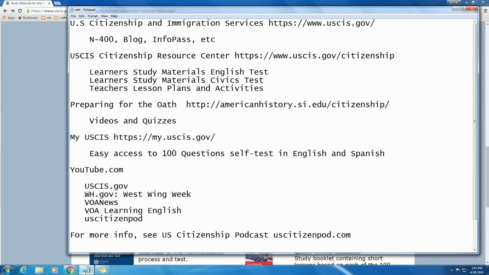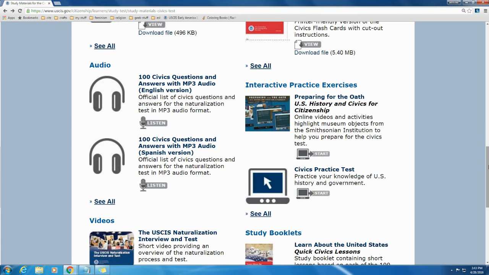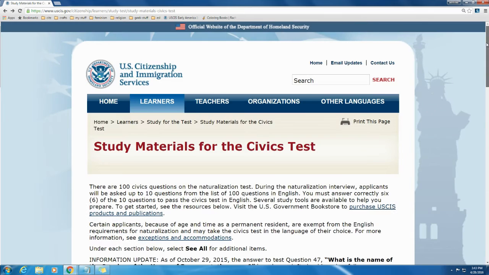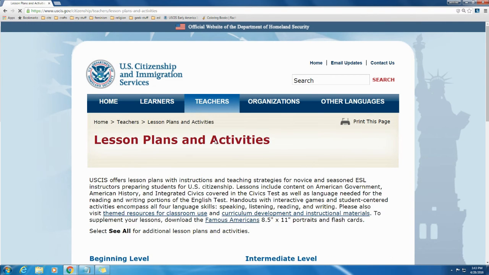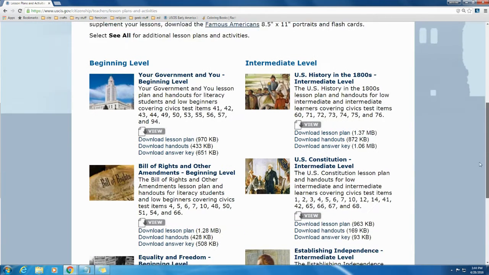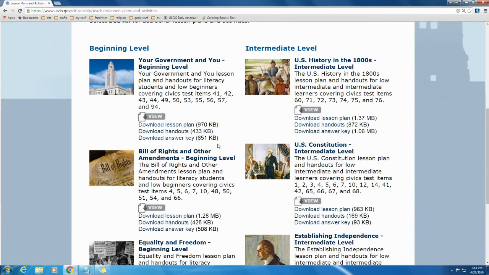The next website I would like to, oh, I'm sorry, one more thing at the USCIS website. I would like to go to the teacher's website, go to the lesson plans. Here there are great PDFs for people to learn more about the 100 questions. So for instance, they've divided them into beginning level and intermediate level.